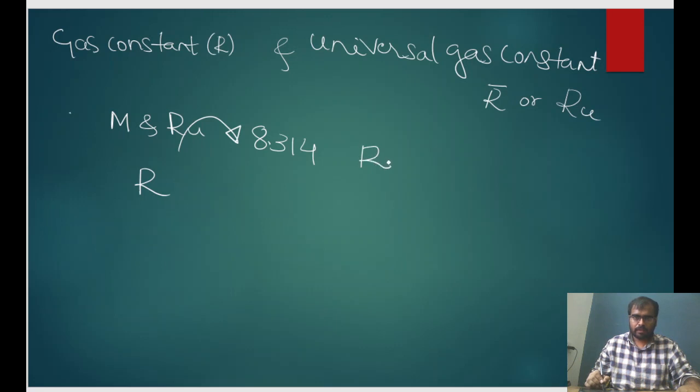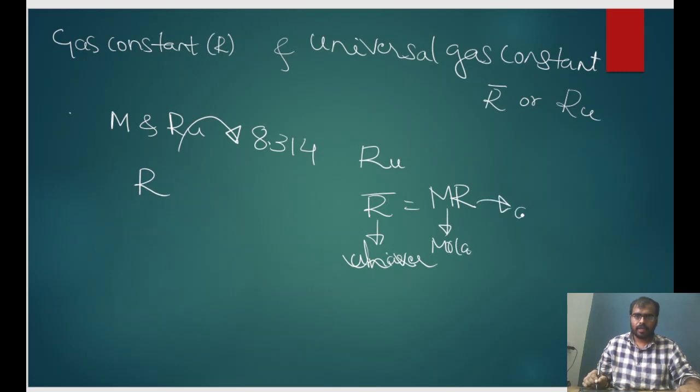The formula is Ru or R bar is equal to M into R. This is the universal gas constant, this is the molar mass, and this is the gas constant, sometimes called the characteristic gas constant.